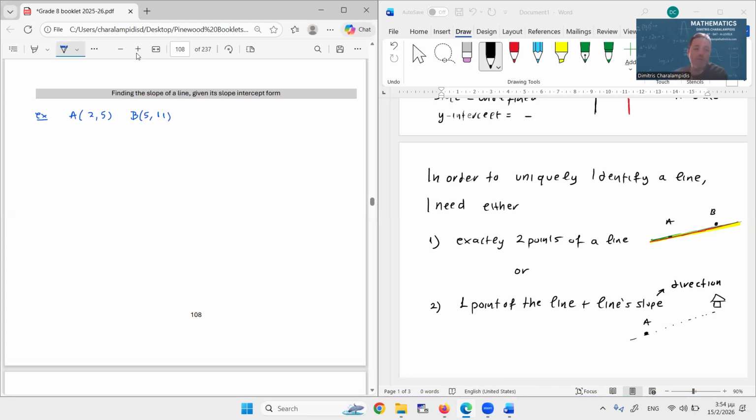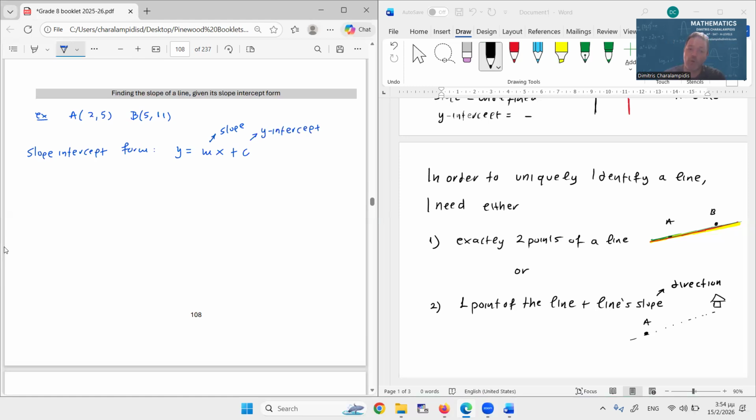I am looking to find the slope intercept form of this line. But I just saw that the slope intercept form is a form that looks like y equals mx plus c, where m is the slope and c is the y-intercept.